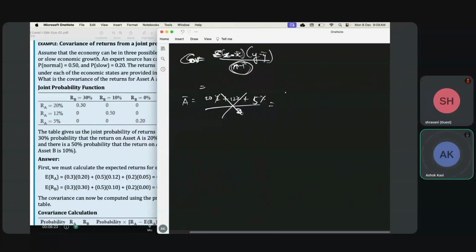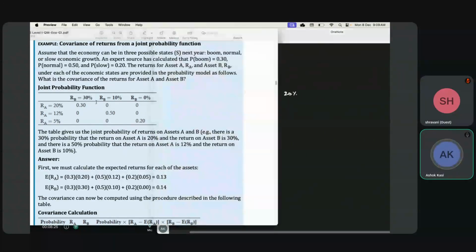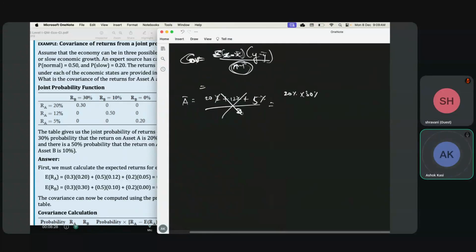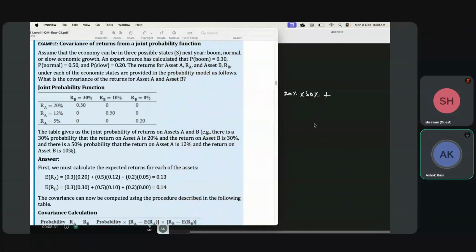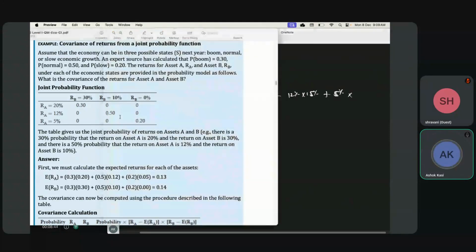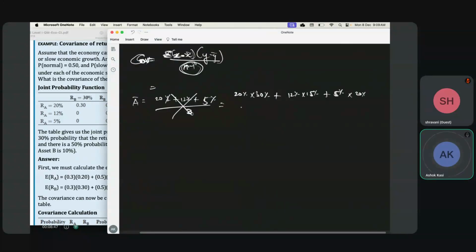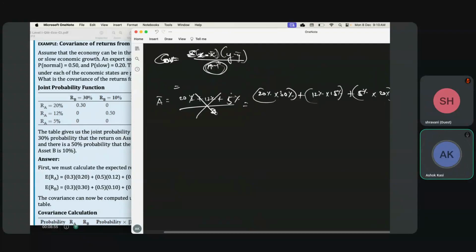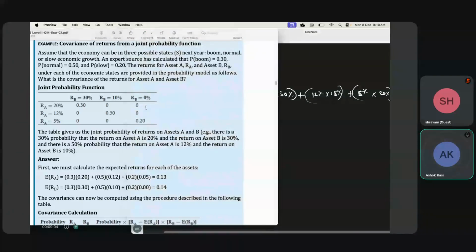So it should be 20 percent into 30 percent, plus 12 percent into 50 percent, plus 5 percent into 20 percent.